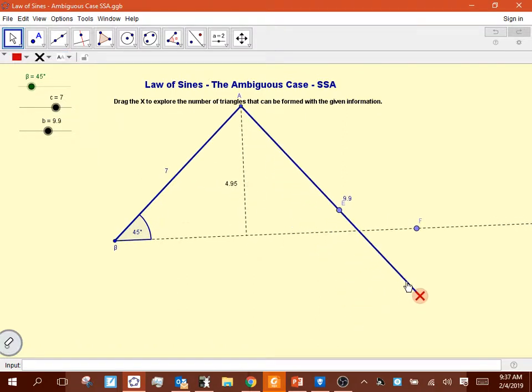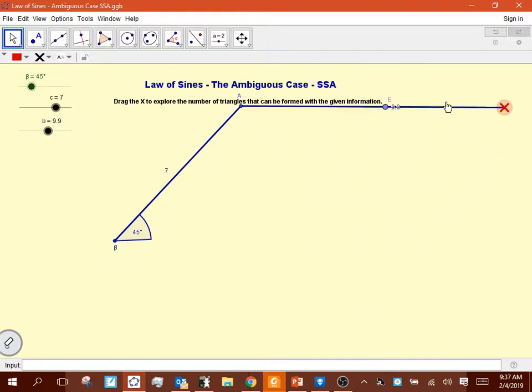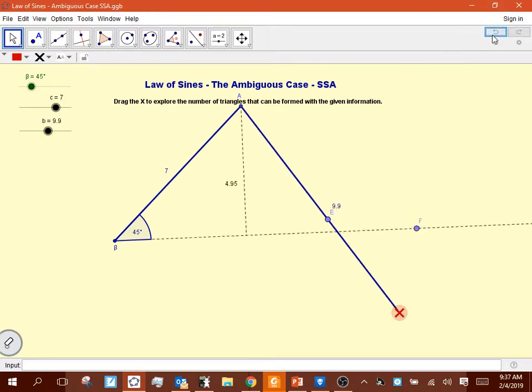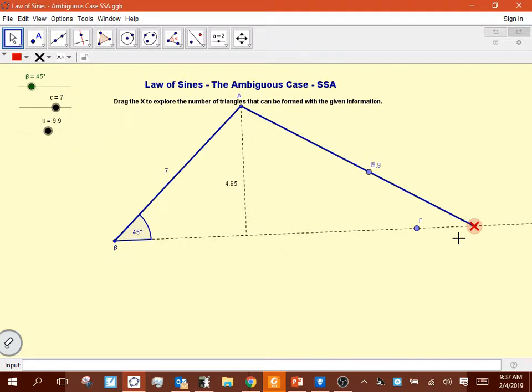But when I do this, all that I really know, guys, is that right there. I know that I'm going to have a ray, because it's got to be 45, right? So I know that ray exists, and I know that this one exists here. But this is 9.9 everywhere, right? No matter where I rotate it, I have to rotate that out so that it does indeed intersect this dotted line that is being created by this side of this angle. Okay? So when I rotate up there, that would be the one triangle that I'm interested in here.